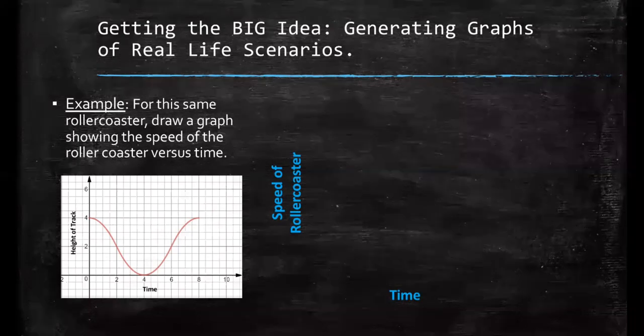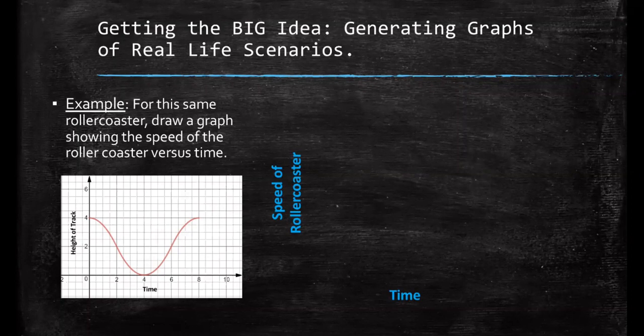But you know that if your roller coaster is going down in height, what should happen to your speed? If your roller coaster is going up in height, what should happen to your speed during that same time interval? Things are going to change based on that height. So see if you can generate a general graph.